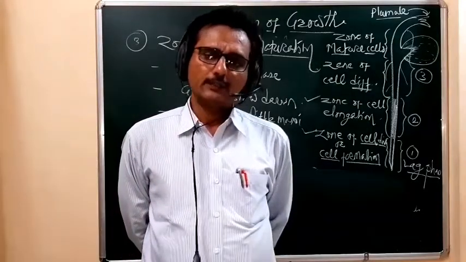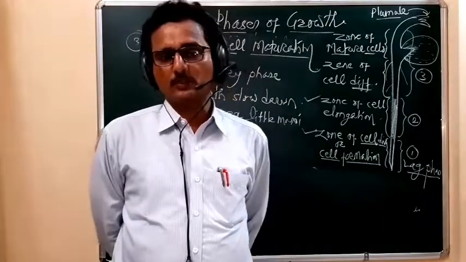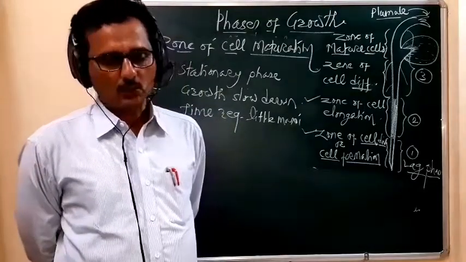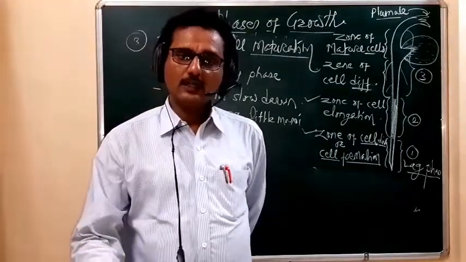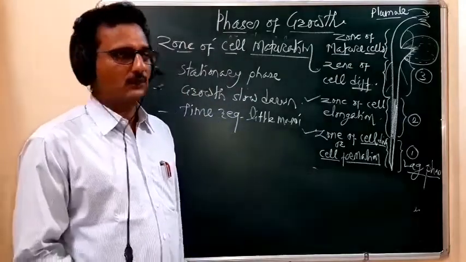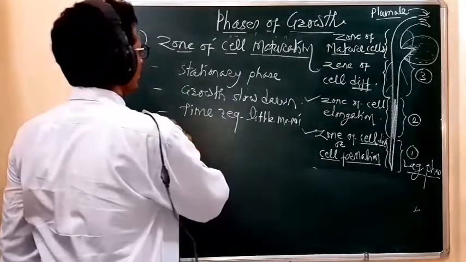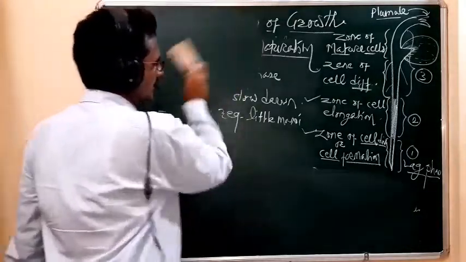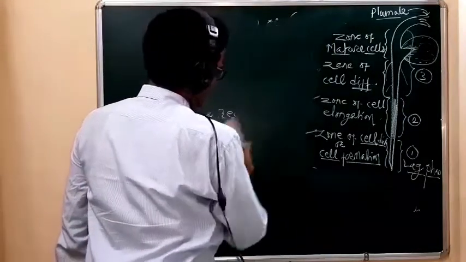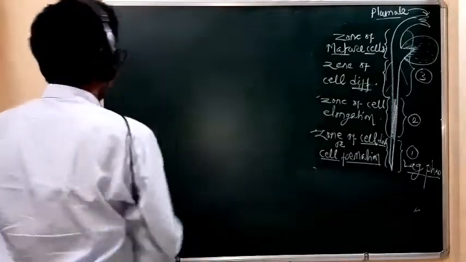These are the three different phases of growth. These three different phases of growth we can represent graphically. So let's see the graphical representation of the three phases of growth.